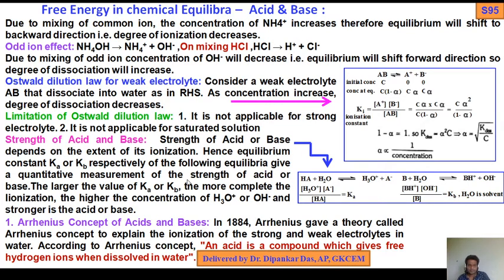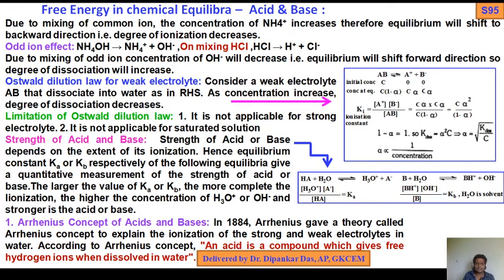The larger the value of K or Kb, the more complete the ionization. If the value of K or Kb is higher, higher will be the completion of ionization, and higher will be the concentration of H3O positive or OH minus ions, because the equilibrium will shift to the right hand side, the forward direction, so we get more H plus ions or OH minus ions.